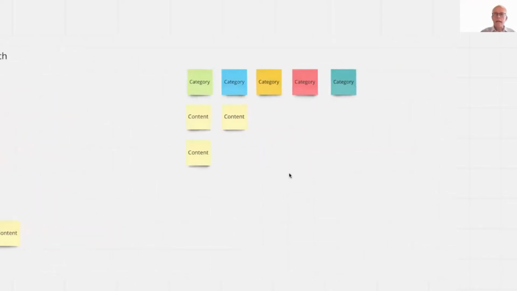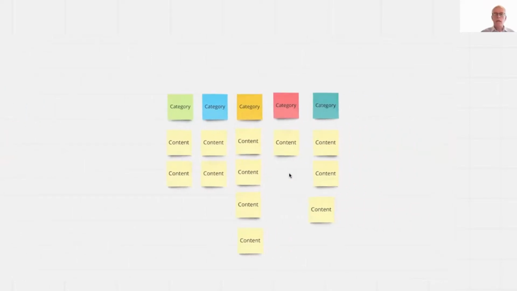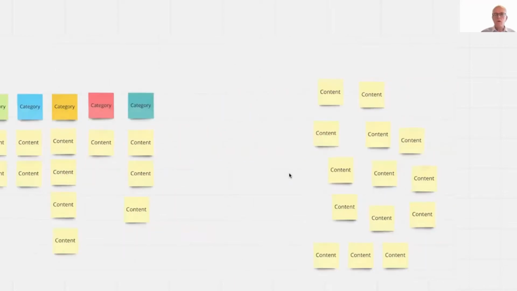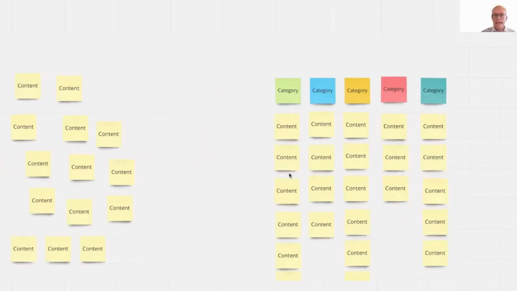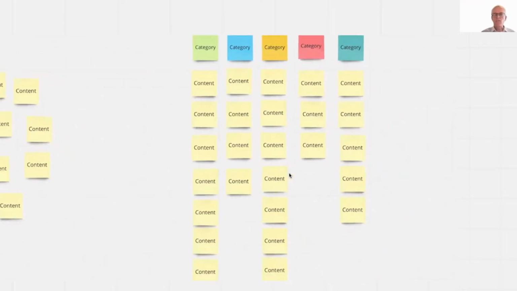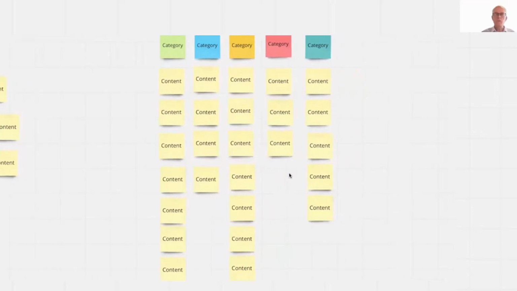And then you end up with something that looks nicely organized, and we're all pleased, the world is orderly, and here we have an information design. And then you realize, oh, actually, we've got a whole bunch more content. So we stack it in. And yes, it still goes quite neatly into the categories, but it's getting quite big now.